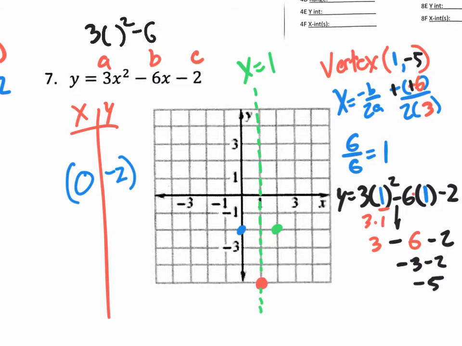So if I go 3x squared minus 6x minus 2, and I plug in a negative 1 right in there, what's negative 1 squared? Come on, guys. What's negative 1 squared? That's 1. What's 3 times 1? 3. What's negative 6 times negative 1? 6. What's 3 plus 6? What's 9 take away 2? 7.